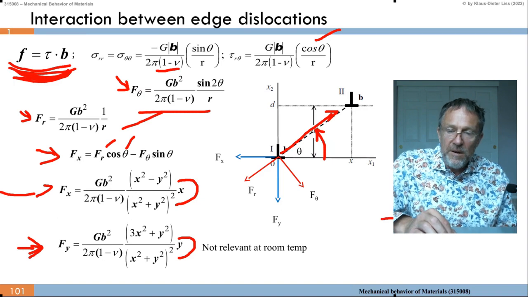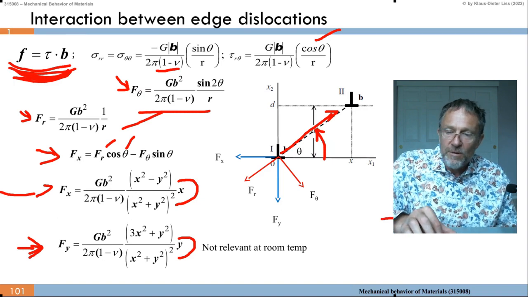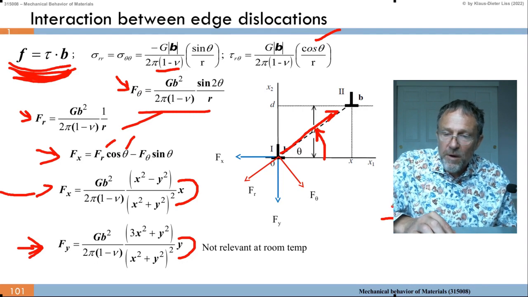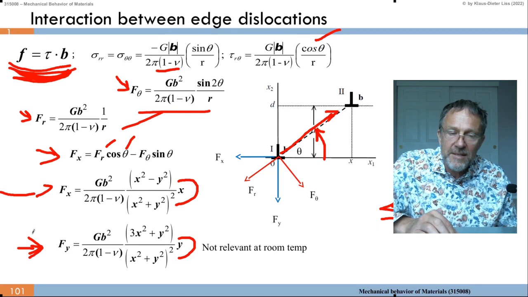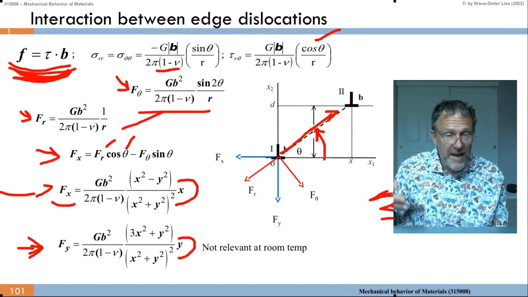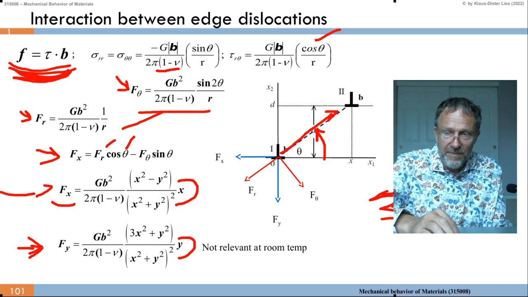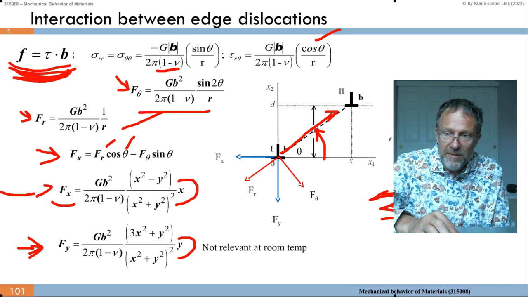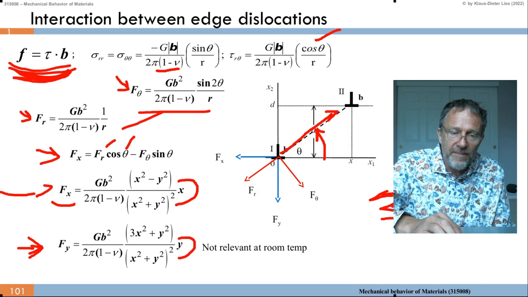We said now, at room temperature, the dislocations can move along the habit plane. So they can move along x. So if I have an fx, they will move due to the drag by the force fx. But they also may have a force in the y direction.